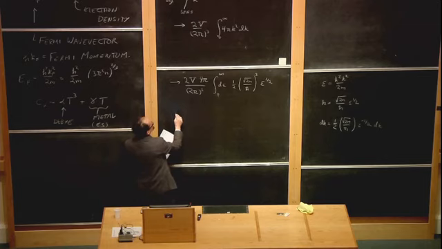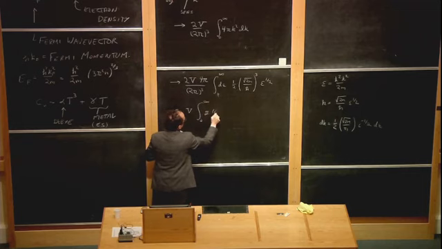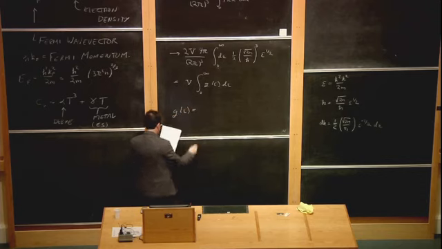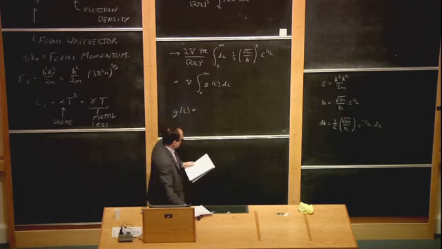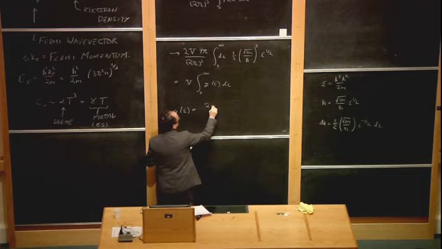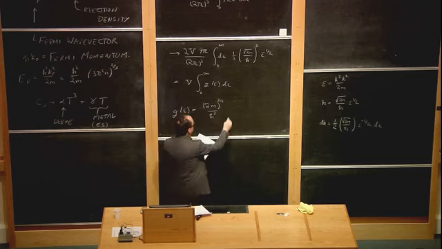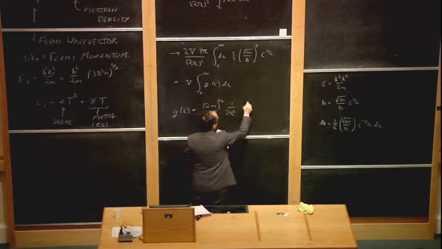So I'll just write it out again. So this thing is integral 0 to infinity g of epsilon d epsilon, where we've defined g of epsilon to be (2m) to the 3/2 over h bar cubed times 1 over 2 pi squared times epsilon to the 1/2.